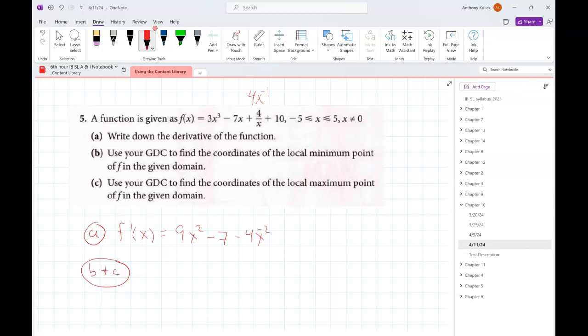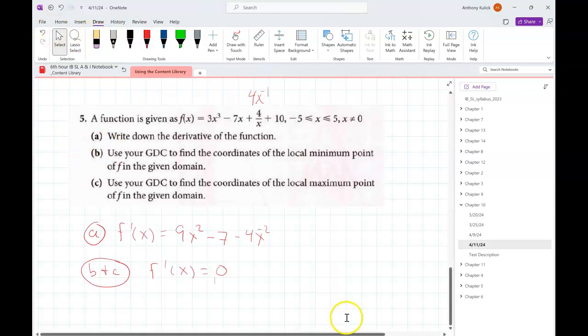We set the derivative equal to 0, and then we'll solve for the x. We'll do that via graphing.